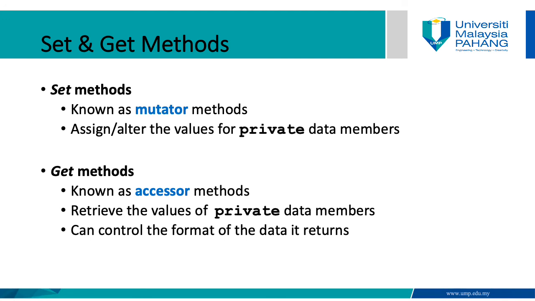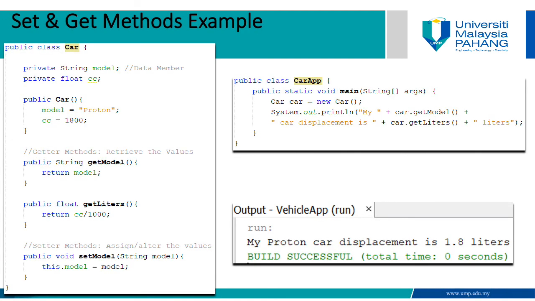They assign or alter the values of private data members. Get methods are known as accessor methods. They retrieve the values of the private data members, and can also control the format of the data that they are trying to return.